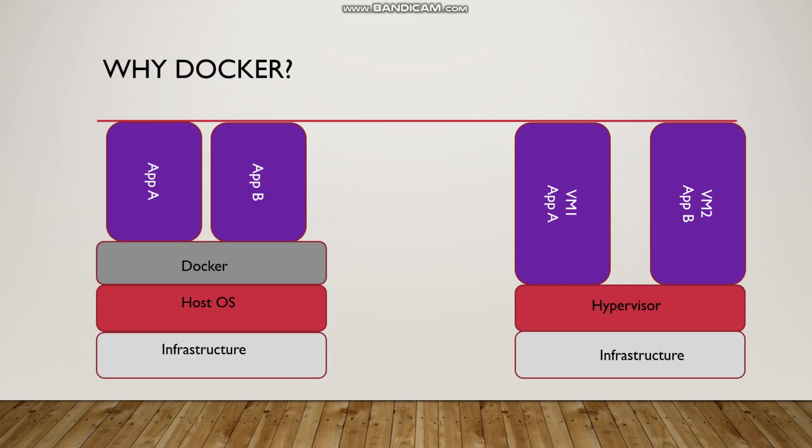And once you have containers, they can act as individual VMs, and they don't interact with each other unless specified, which we will see later on. So app A and app B sit in two different VMs on the right hand side, while on the left hand side the same functionality is achieved through Docker containers.